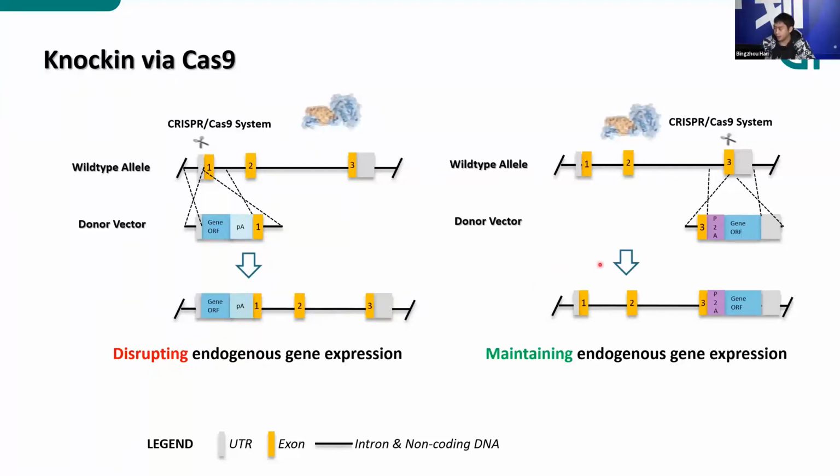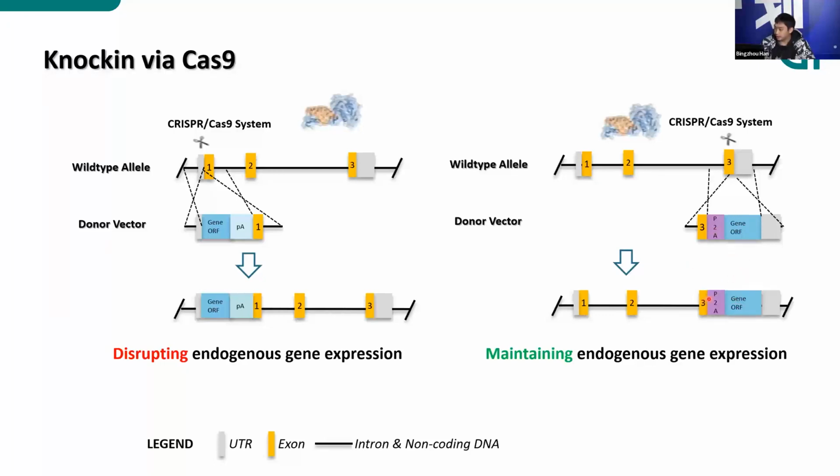In the other case, we could design the target site downstream of the stop codon and upstream of the 3' untranslated sequence, and then design a donor like this, also containing an open reading frame like a reporter gene or Cre or Dre recombinase. At the upstream of this open reading frame, we will add a 2A peptide or IRES as a linker sequence to make sure that the downstream sequence could be expressed after integration of the donor.